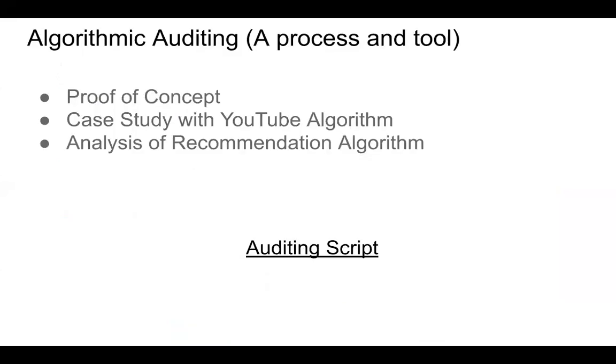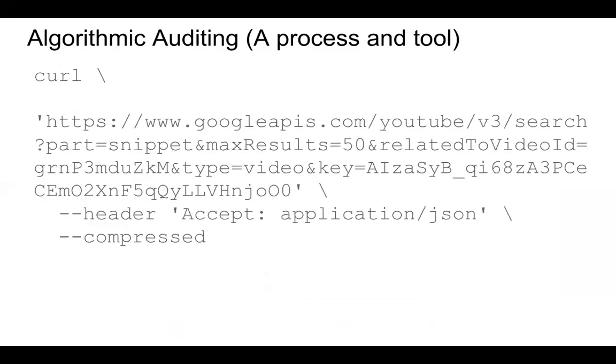The other thing within that software design, we started to think through the processes and tools we can use. So we have a small proof of concept where we're trying to study the YouTube algorithm to understand how it actually is recommending things.